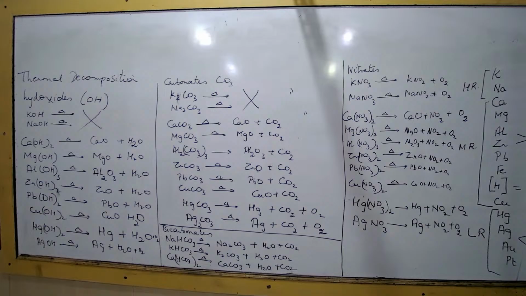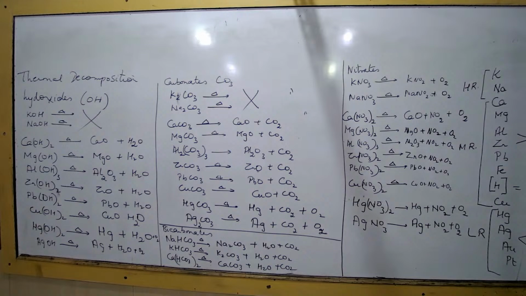How do you know that you are getting NO2? Brown fumes are coming out, from the lead nitrate. That means lead nitrate got decomposed. Brown fumes were given out. Oxygen was given out, and oxygen is colorless, so you can't see it. It got mixed up with the brown fumes.